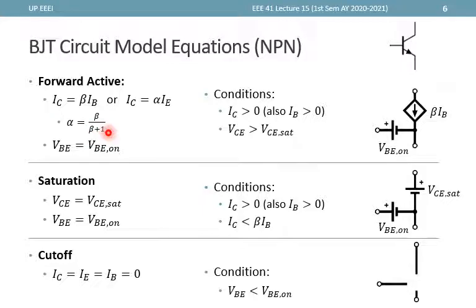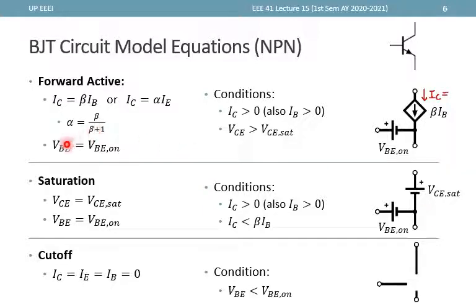Now, to remember this, always remember that the IC is on the left side and is not multiplied by beta or by alpha. And circuit-wise, this just means that IC is a current-dependent current source. So this here is IC, and that is represented in this circuit by beta IB.